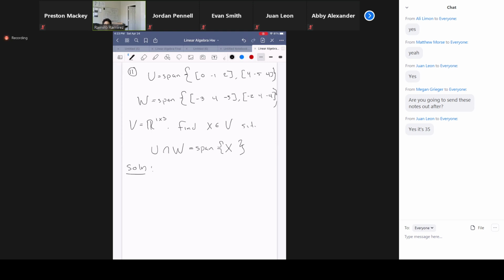So first of all, what does it mean to be in U? It means it's a linear combination of those 2 elements there. And to be in W, it means it has to be a linear combination of those 2 elements in there, right? So we need something that is a linear combination of both elements.